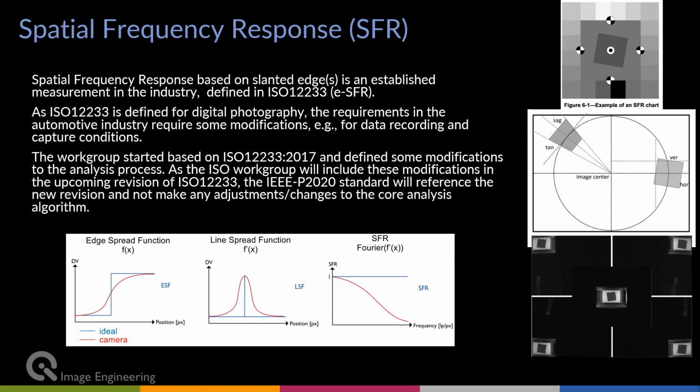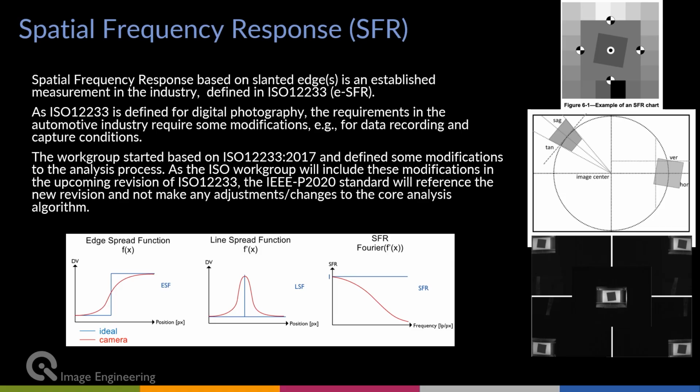So that's why P2020 references the ISO standard and does not describe certain modifications to that anymore, even though it was already identified by the experts in the IEEE committee that these findings and modifications are useful, especially for the automotive application.